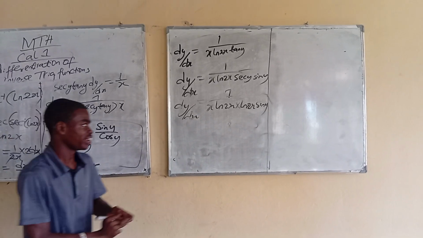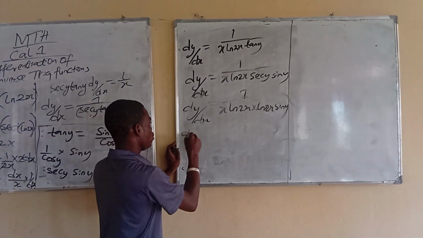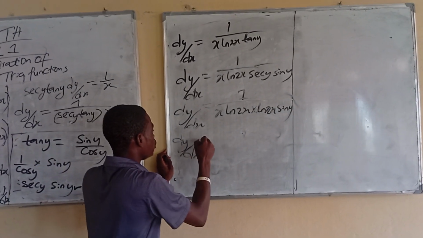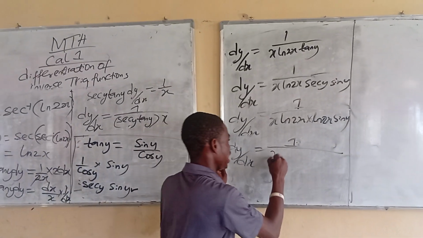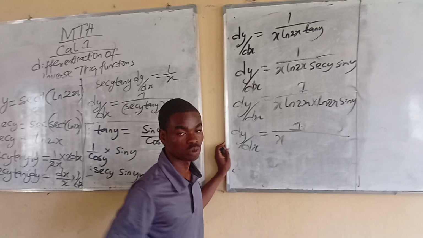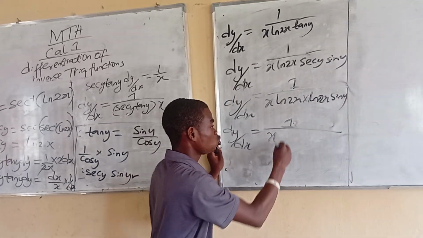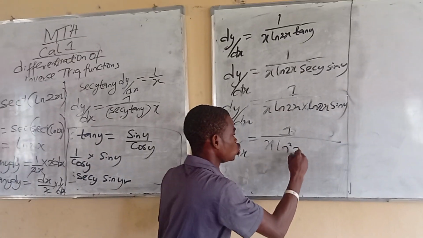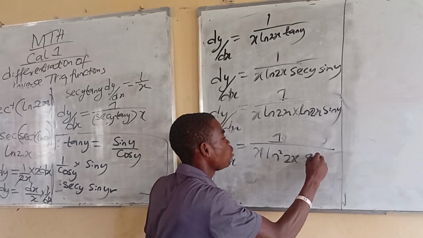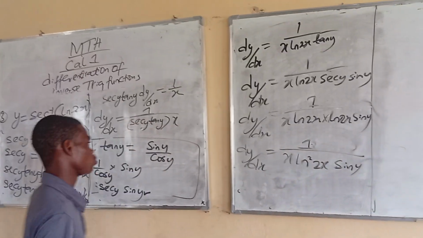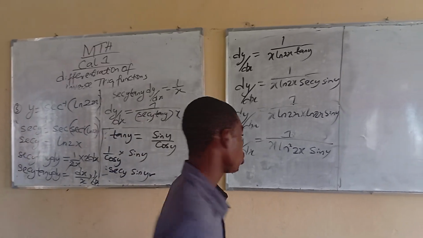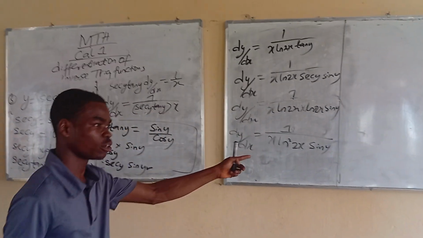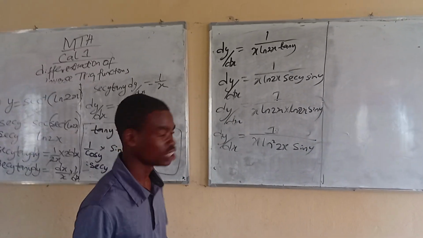So now your dy over dx will be equals to 1 divided by x. Now ln 2x times ln 2x will give us ln squared 2x, then times sin y. How do we get rid of sin y? Now this will be a little tricky, but follow along with me. We can eliminate this sin y, changing it into form of x.